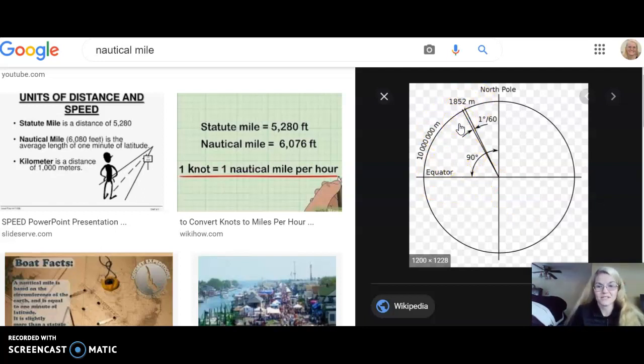We're going to use the US system, but here's the idea. The distance along the surface of the earth that is 1 minute from the core of the earth. If you were to measure out 1 minute, and what's 1 minute? It's 1/60th of a degree. This distance right here is what we call a nautical mile.